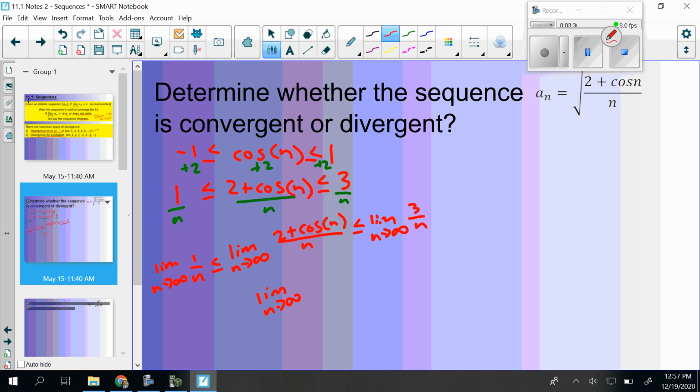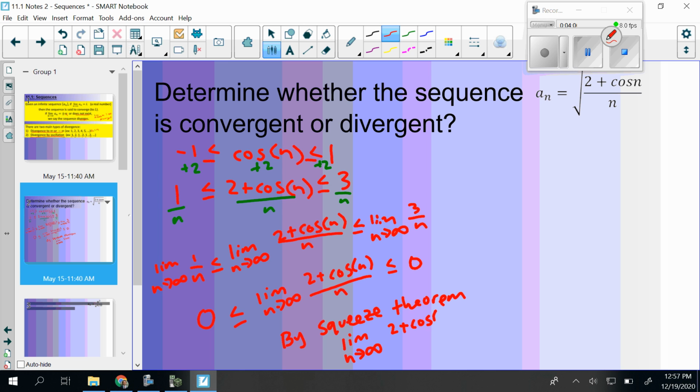Those two outside limits are both going to approach 0. So this is 0, this is 0. Well, you can't be both greater than or equal to 0, so then what we can say is by squeeze theorem, we know this limit approaches 0. So the limit as n goes to infinity of 2 plus cosine of n over n has to equal 0.